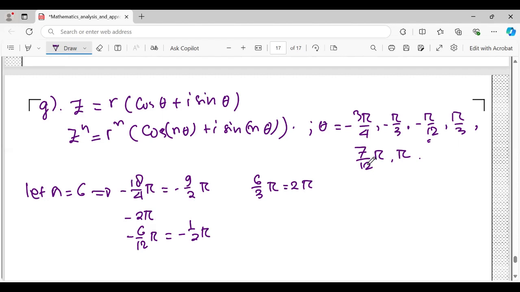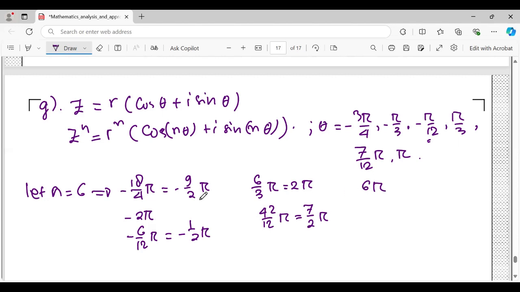If 6 times 7 over 12 will be 42 over 12 pi, or we can simplify to become 7 over 2 pi. If 6 times pi, it's going to be 6 pi.